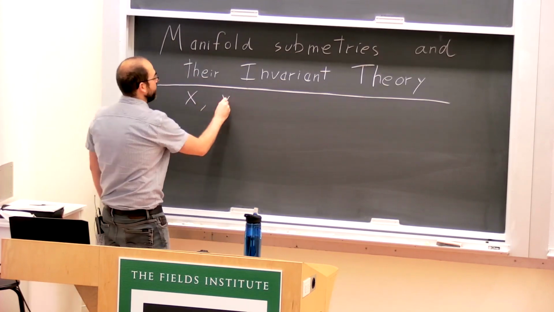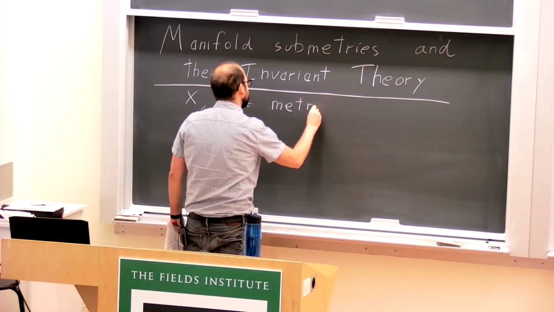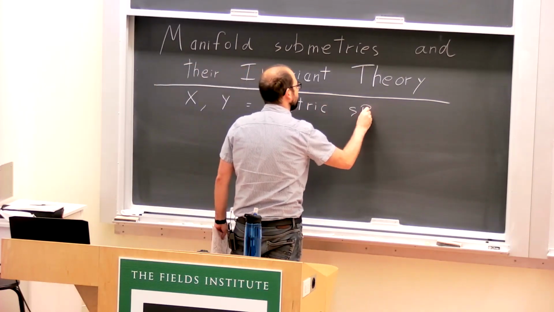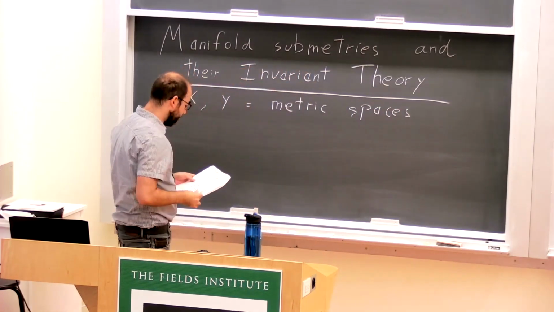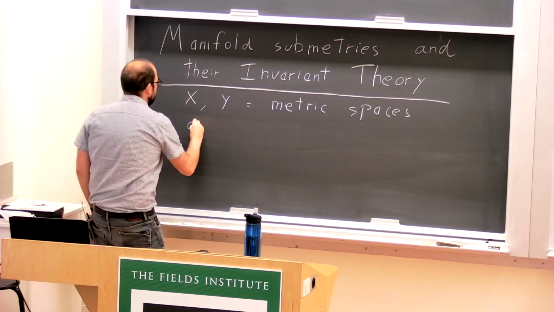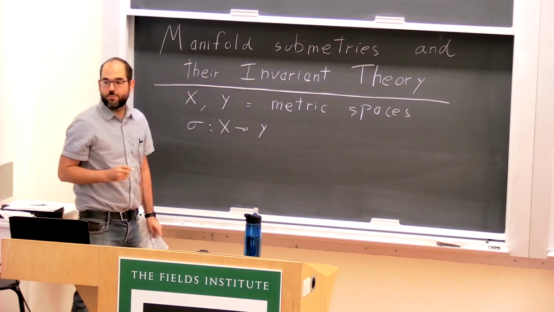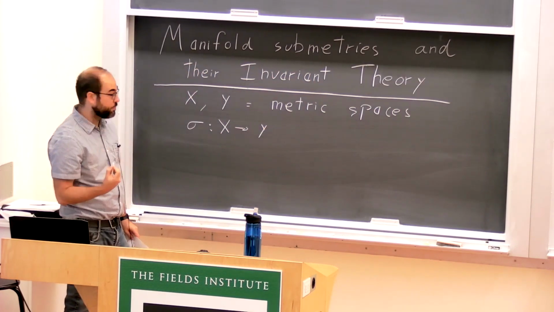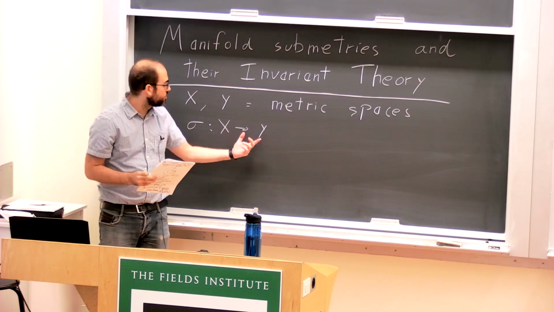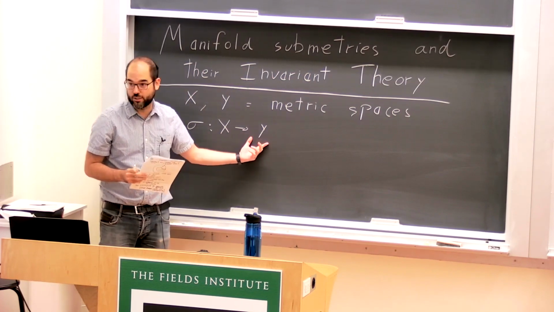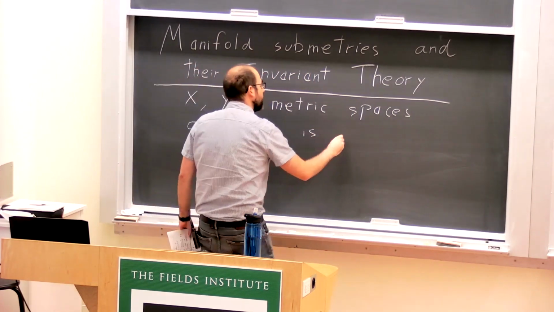Suppose you have 2 metric spaces X and Y, and a map sigma between them. This map sigma is called a submetry when it takes closed balls in X to closed balls of the same radius in Y.